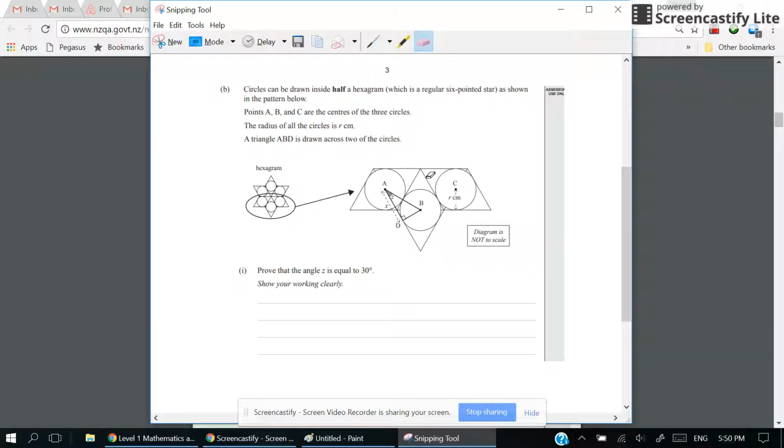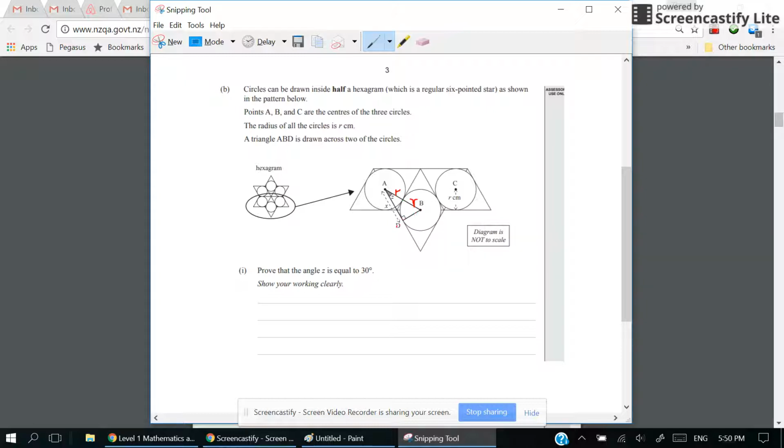Let me try to find the right thing. So how can we work out this angle? From here, you can find that this is the radius of the circle. You assume that all the circles have the same radius, which is r. So this point to that point will be r, and that point at A to that A will be r as well.